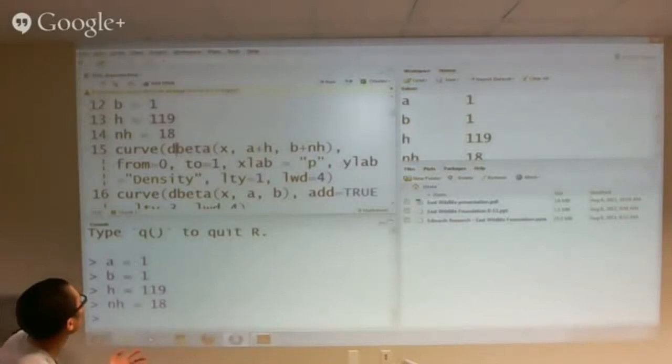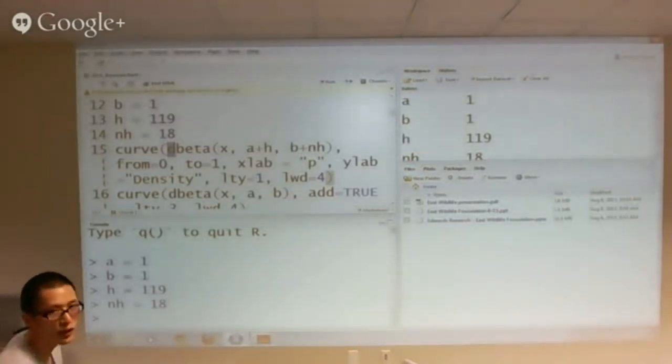If there is a D here, that means the beta density. If it's Q here, that means the quantile of the beta distribution. And if it's R here, that means you're going to generate random samples from the beta distribution, like some sample data, right?